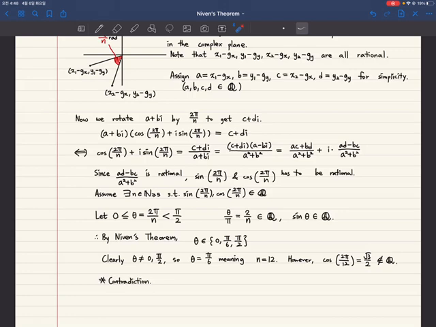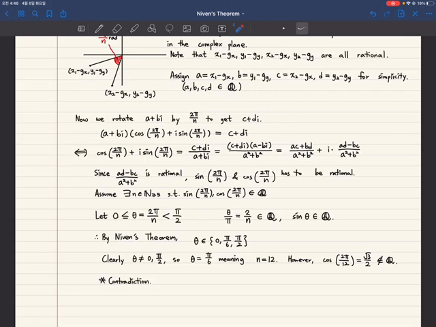So we're going to let theta be equal to 2 pi divided by n. You can see here that theta divided by pi is rational, and we also assume that sine theta is rational. So now we can use Niven's theorem right here to say that theta must either be 0, pi over 6, or pi over 2.